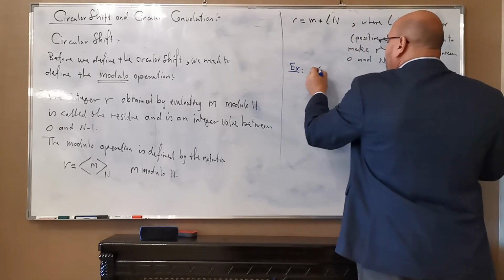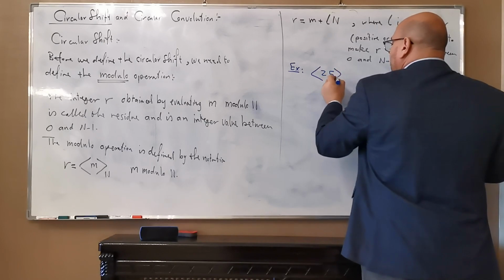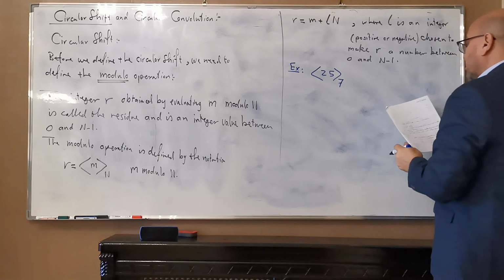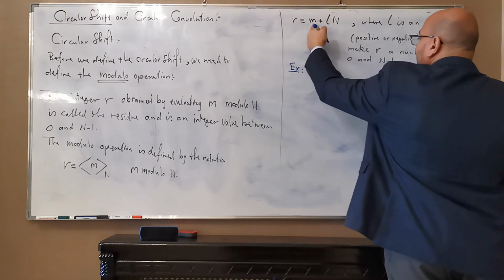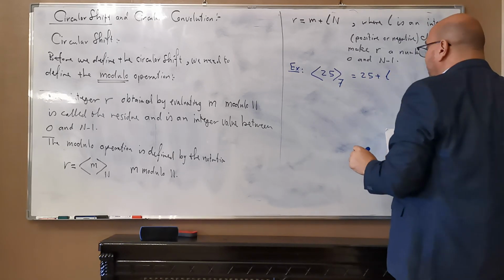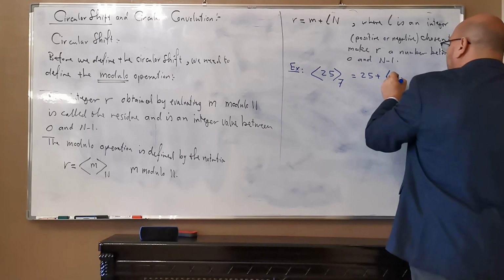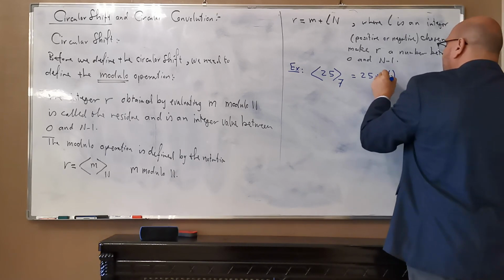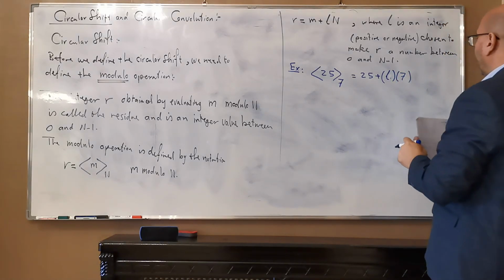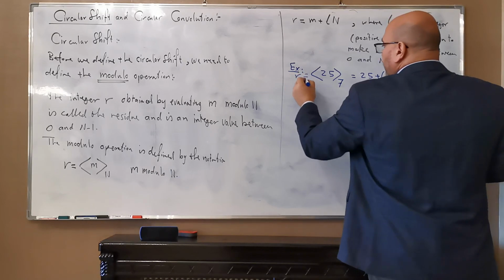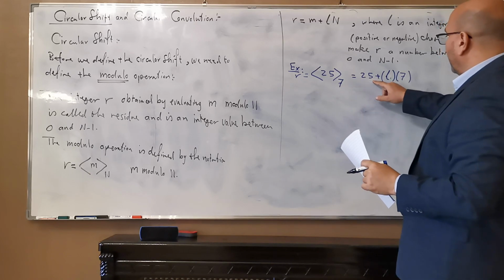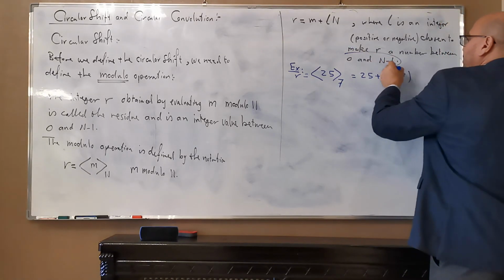If you are doing, let's say, 25, which is m, modulo 7, which is n, then you are looking for 25 plus some L times 7. The answer should be a number between 0 and n minus 1.